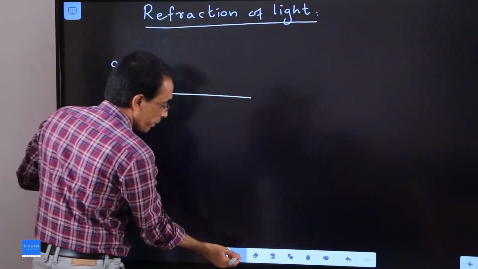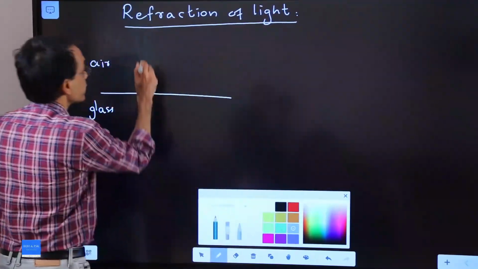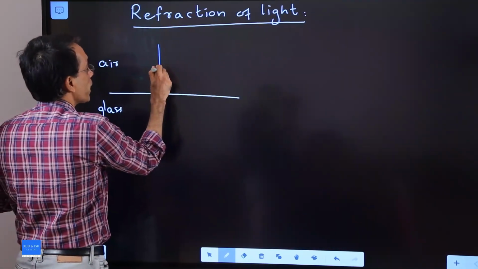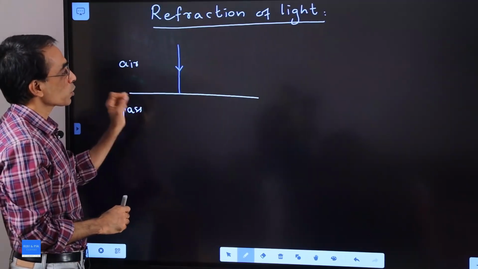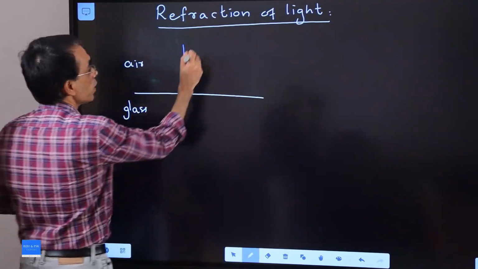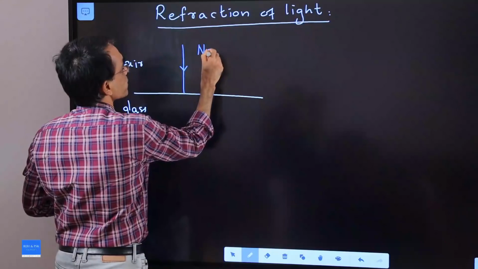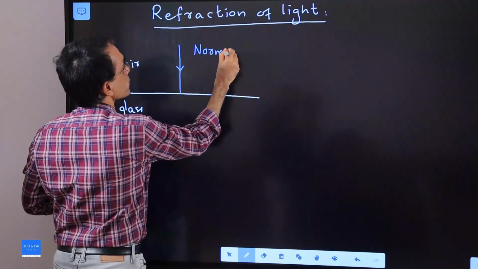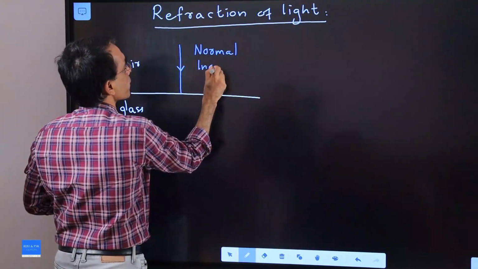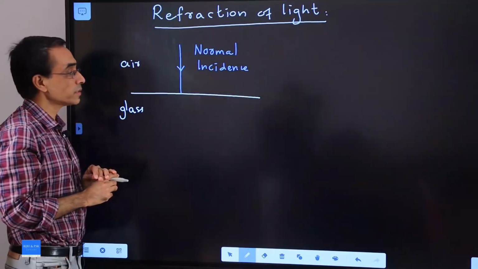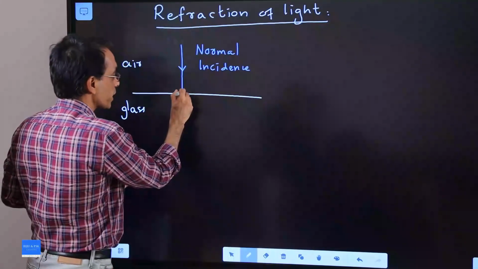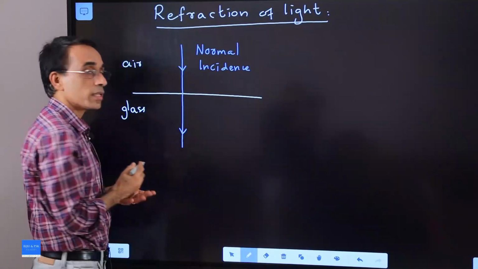Okay, what will happen if a light ray comes from air and falls like this? We will say this is normal incidence. It is seen that this light ray will go straight without any change.